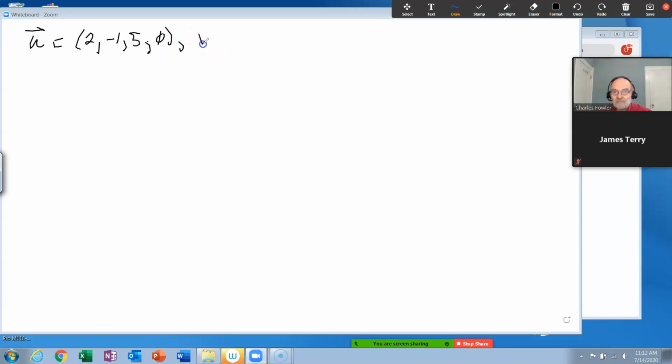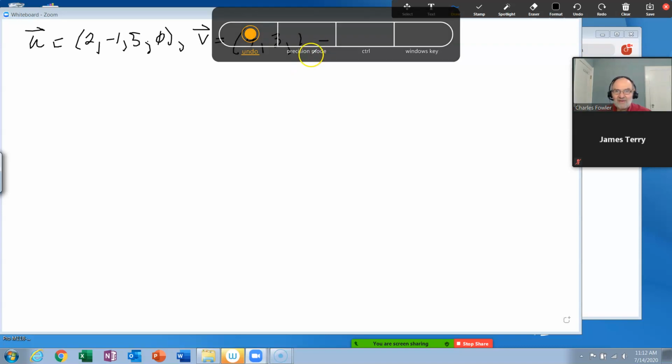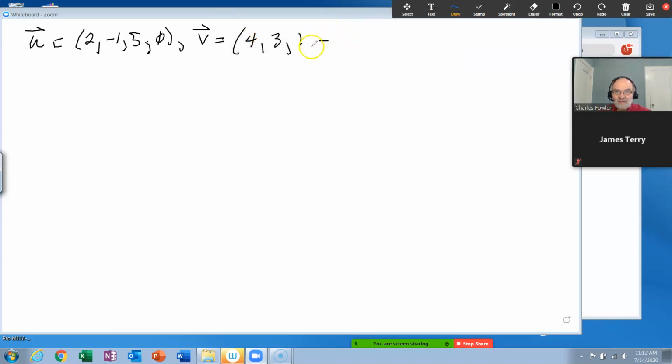Vector v. In other texts he puts these in angle brackets, and I want to do that, but he uses parentheses here, so we'll use parentheses. This is (4, 3, 1, -1).